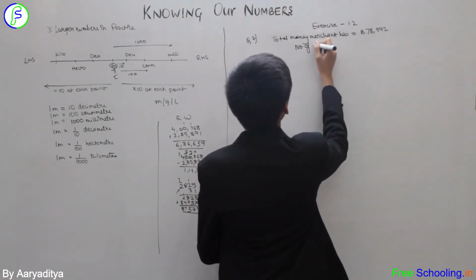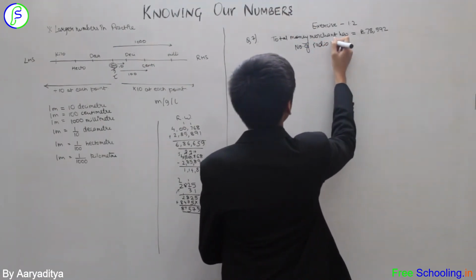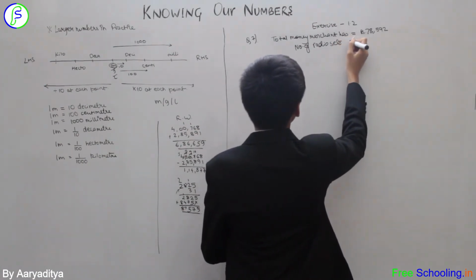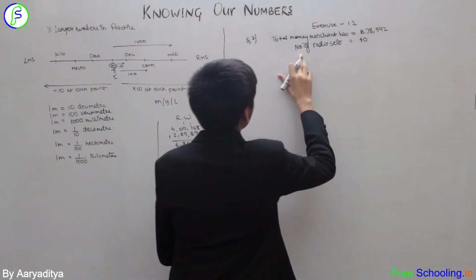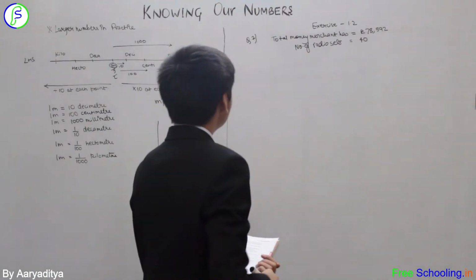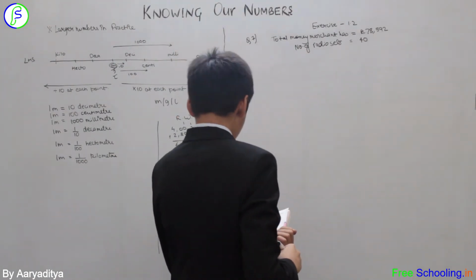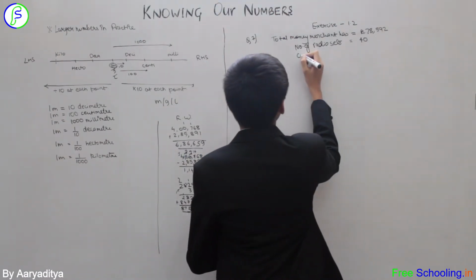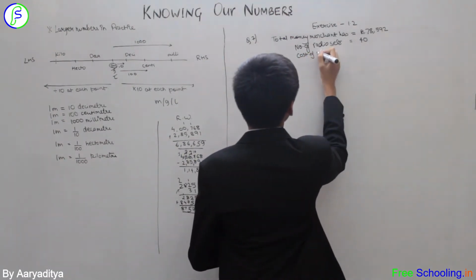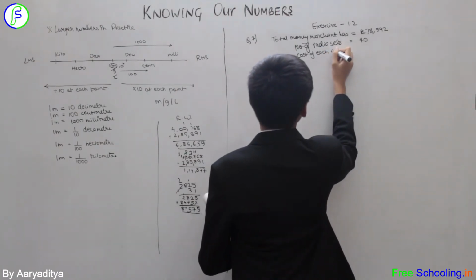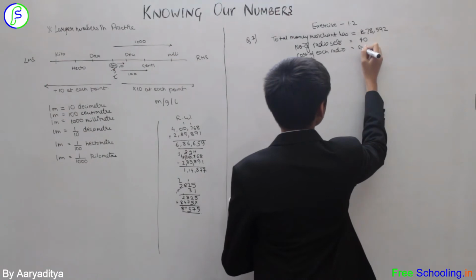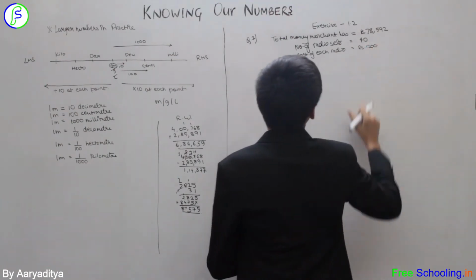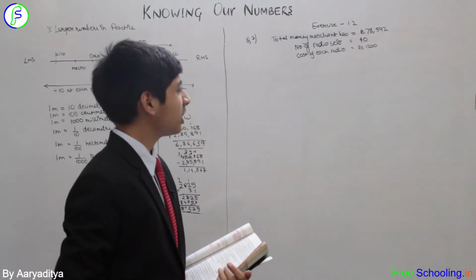So number of radio sets, 40. Okay, so this is basically how we write numbers in a short form. And cost of each radio. What's the cost of each radio? We have 1200 rupees. Okay, now this question might look tough for you.